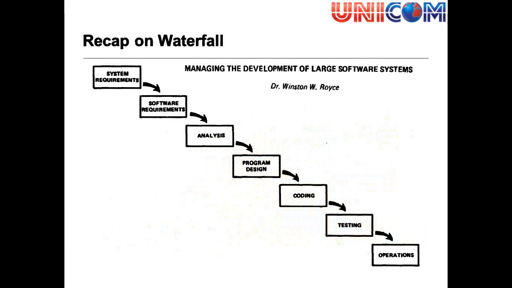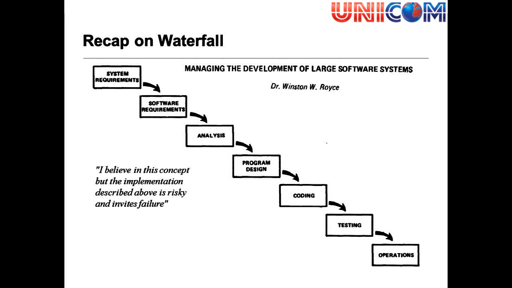So to recap on Waterfall, where did it come from? A white paper written by Dr. Winston Royce, an American computer scientist. He was the first person to actually describe the Waterfall model, although he didn't actually use the term Waterfall. And in fact, he said that this way of working is risky and does invite failure.